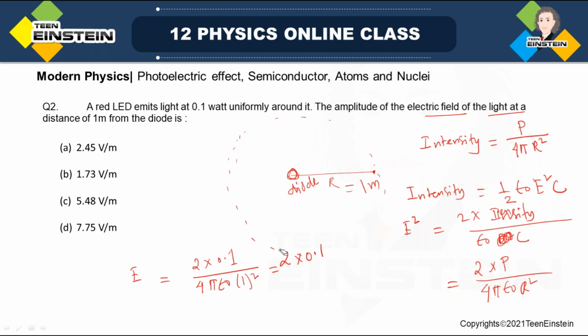The key point here is that you have to know the relationship between intensity and the electric field. So 1 by 4 pi epsilon naught means 9 into 10 to the power 9.